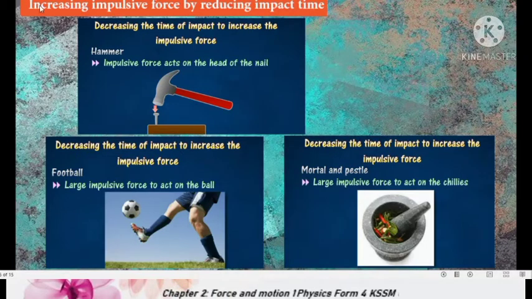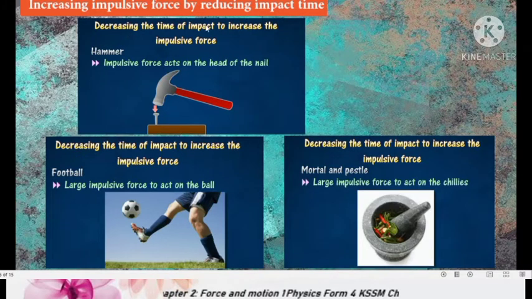The magnitude of the impulsive force can sometimes be beneficial when it is larger, as shown in this case. How do we increase impulsive force so that we can knock the nail easily and the nail will be driven easily into the block of wood? We need to decrease the time of impact in order to increase the impulsive force.